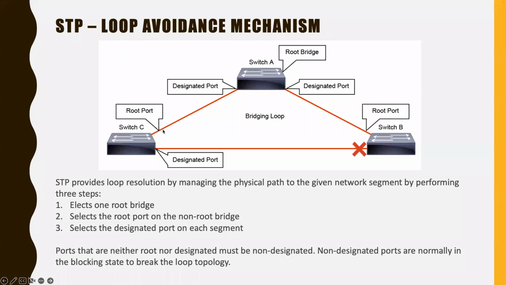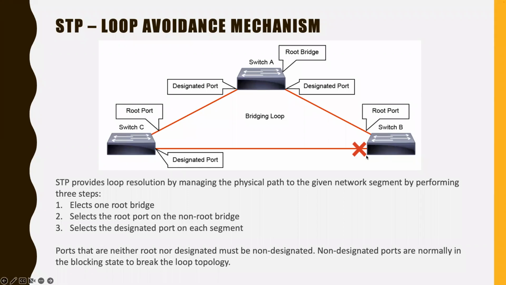As a third step, on all the segments, for example, on this segment, this is a designated port and this is a root port. On this segment, between switch A and switch B, this is our designated port and this is our root port. On this third segment, one of the ports should be elected as a designated port.